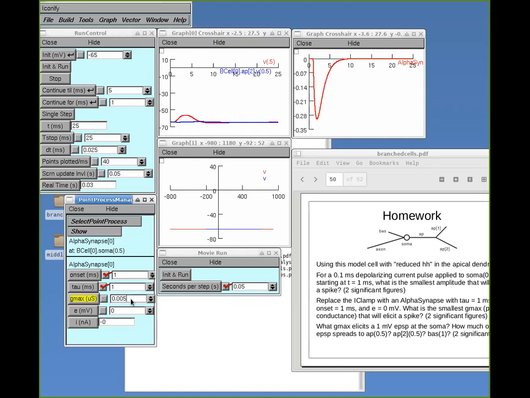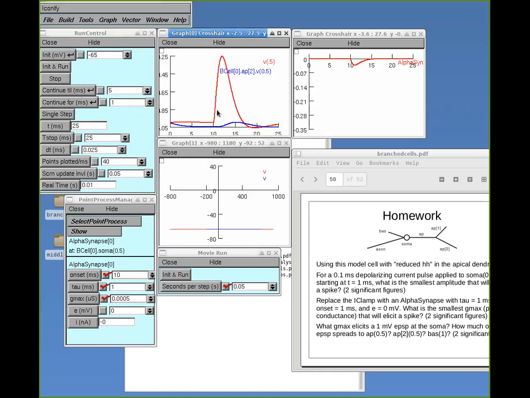So if we cut that by, say, a factor of 10, and we can then look, but let me change the onset to 10 milliseconds like I wanted to do, like I should have done. And let's do that init and run. And let's do view equals plot. There we are. We have a nice stable membrane potential and what looks like a fairly stable membrane potential out in the apical dendrite.